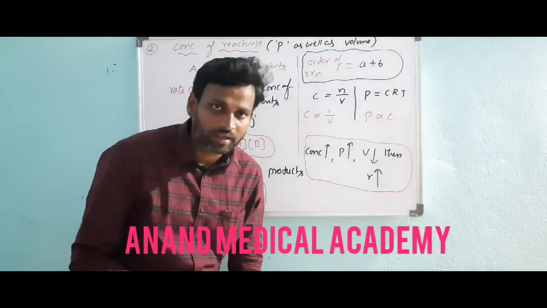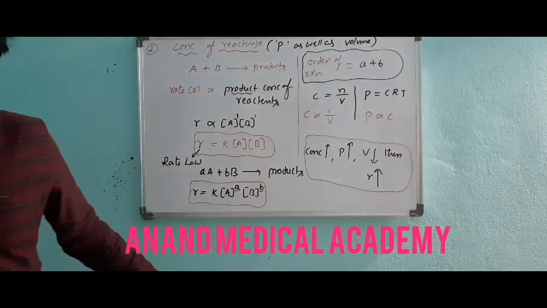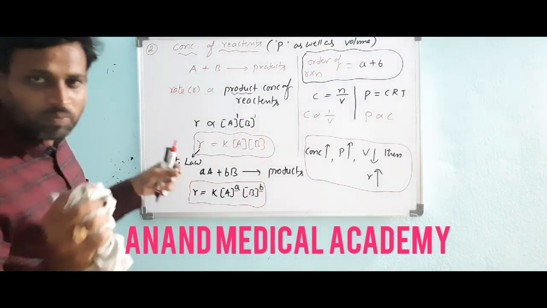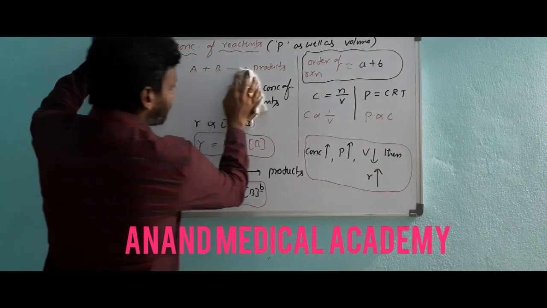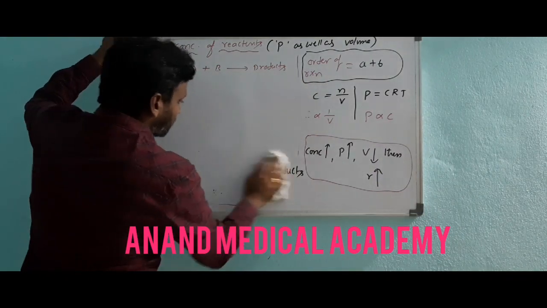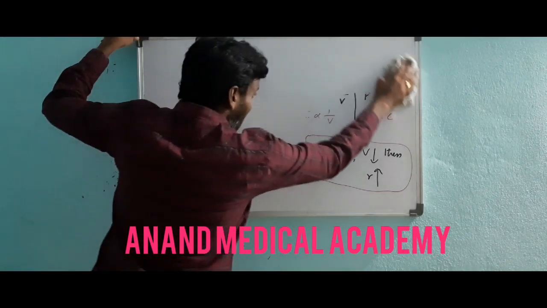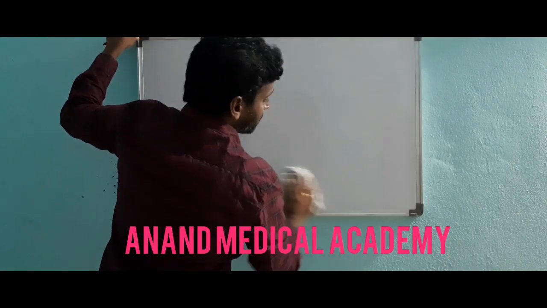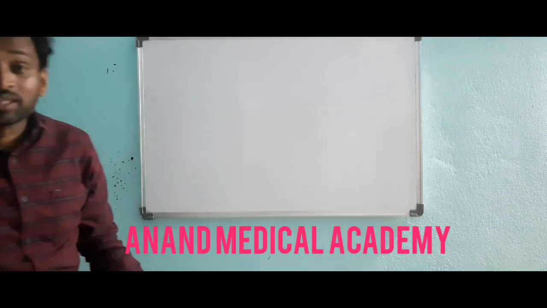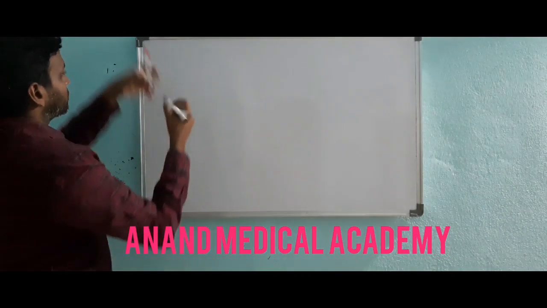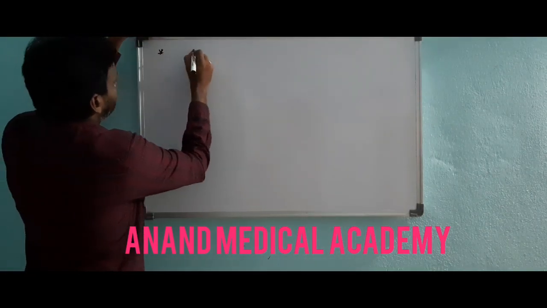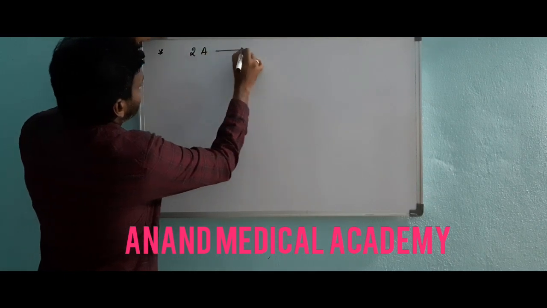I will explain by using one small example. So this is about the effect of concentration. Of course we discussed it, but I am giving here the pressure relation as well as the volume relation. That's a very important thing. Let's see one reaction, say 2A gives rise to products.